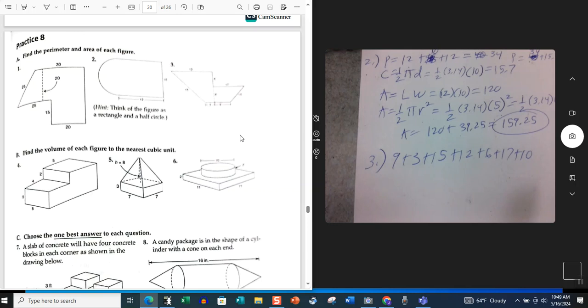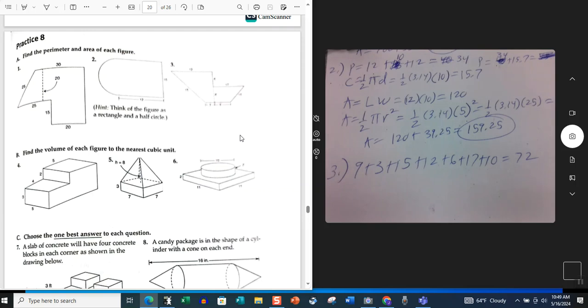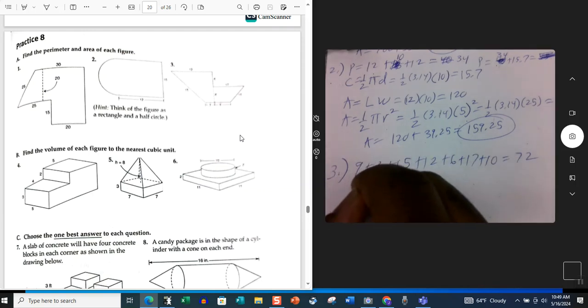There's no missing side on this figure. So we would add all of them together. 9 plus 3 is 12, plus 15 is 27, plus 12 is 39, plus 6 is 45, plus 17 is 62, plus 10 is 72. So it's 72. This is your perimeter. So P is equal to 72.